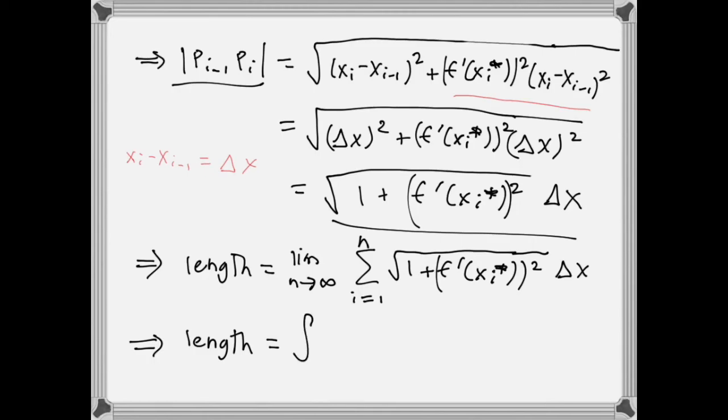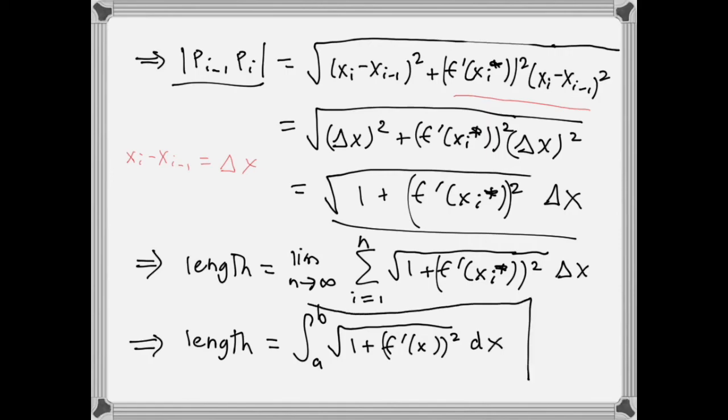And so we end up with the following formula. This is the integral from a to b of the square root of 1 plus f prime of x squared dx. And this becomes our length formula, or arc length formula. It's however you want to call it.